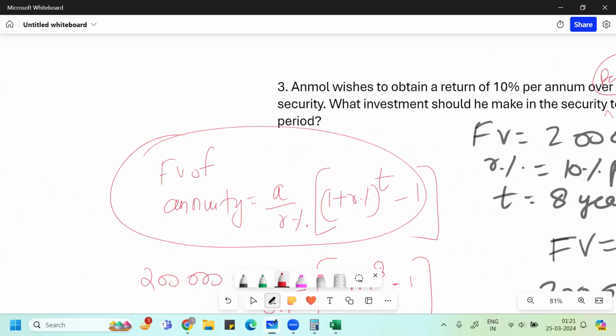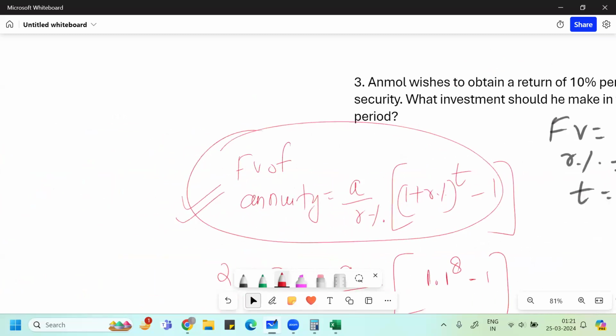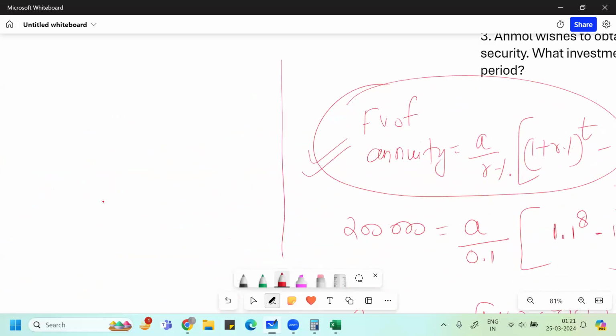This is the future value of annuity formula, or SIP. I hope you have heard of the SIP concept. In SIP also you use this future value of annuity. In lump sum, you use future value is equal to present value into 1 plus rate of interest to the power time. Clear, everyone?